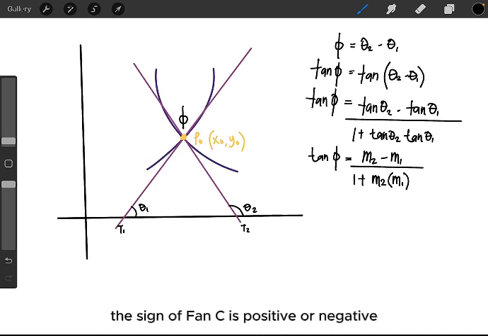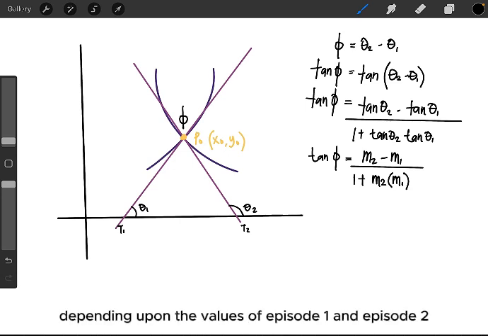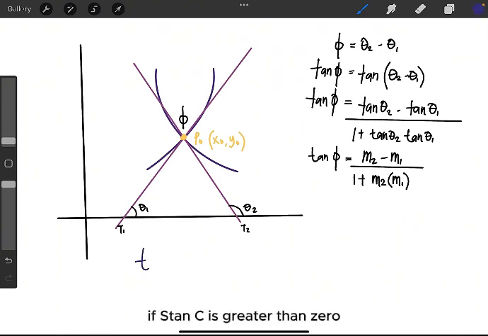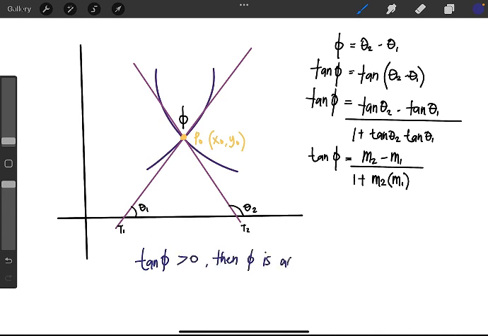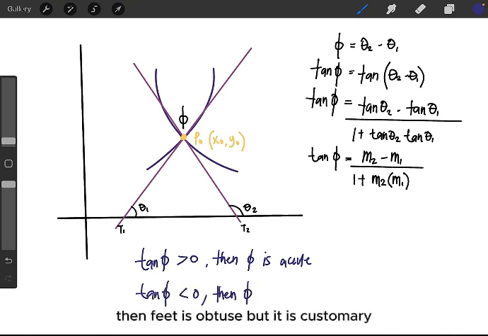The sign of tan phi is positive or negative depending upon the values of m sub 1 and m sub 2. If tan phi is greater than 0, then phi is acute. And if tan phi is less than 0, then phi is obtuse.